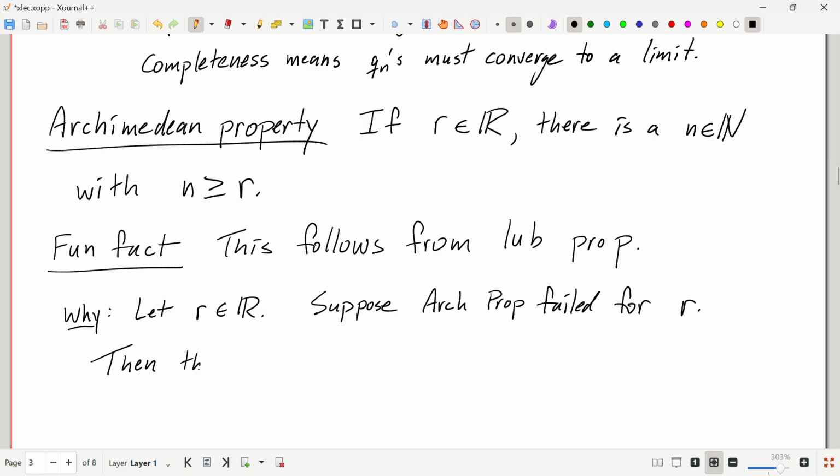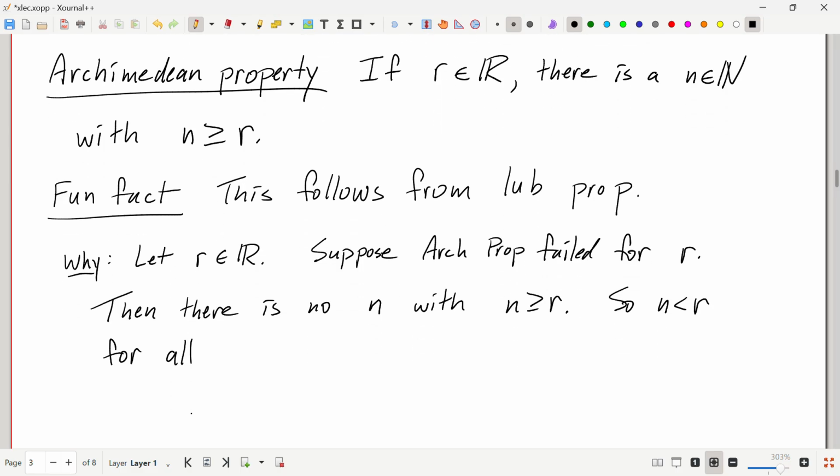So n is less than r for all n. That means r is an upper bound for the natural numbers.